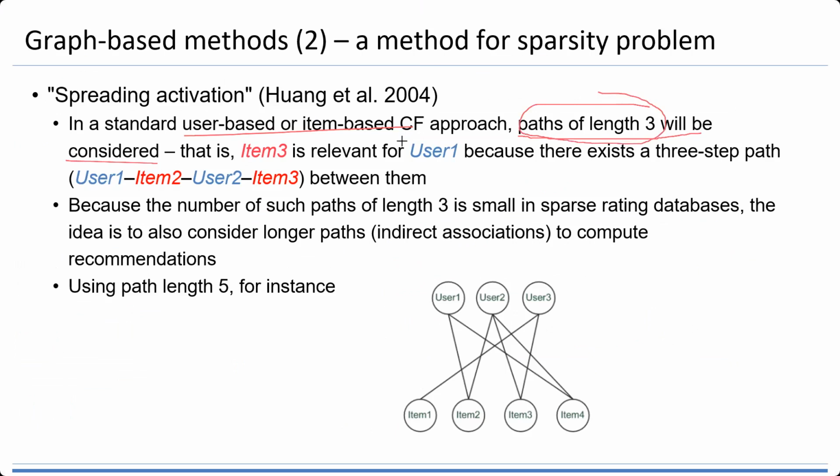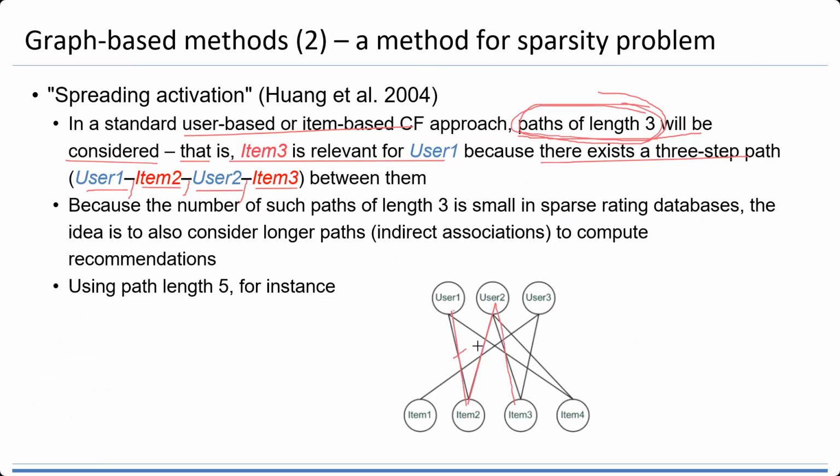You can see item 3 is relevant for user 1 because there exists a 3-step path: user 1 to item 2, item 2 bought by user 2, and user 2 bought item 3.